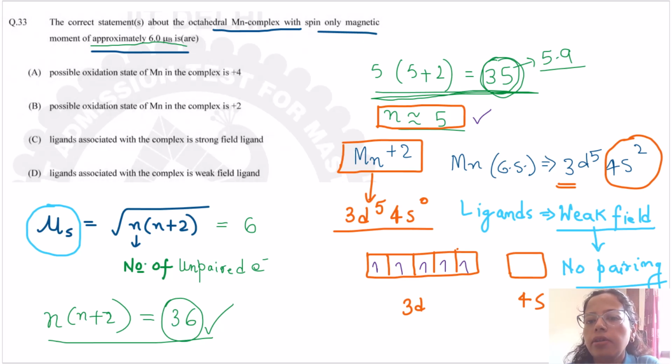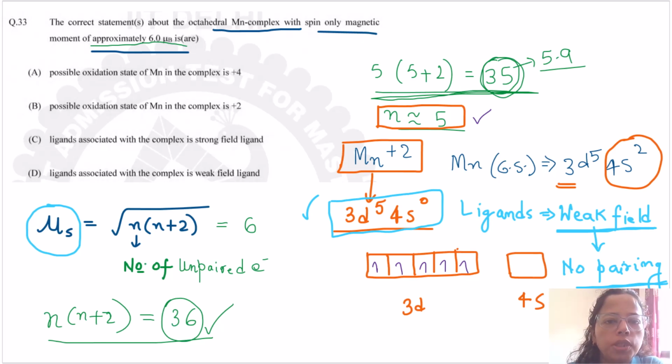When we know there are 5 unpaired electrons in the manganese complex, the configuration becomes 3d5 4s0, since 2 electrons are gone and we have only d5 electrons. For these d5 electrons to remain unpaired, we need weak field ligands because they do not favor pairing. So the nature of the ligand can also be predicted, and that gives us the answer to this question.